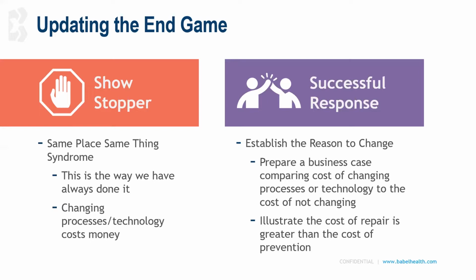So combating that mindset of 'this is the way we've always done it and I don't understand why we need to change' is more effective when you have some dollars to support that motivational change message.